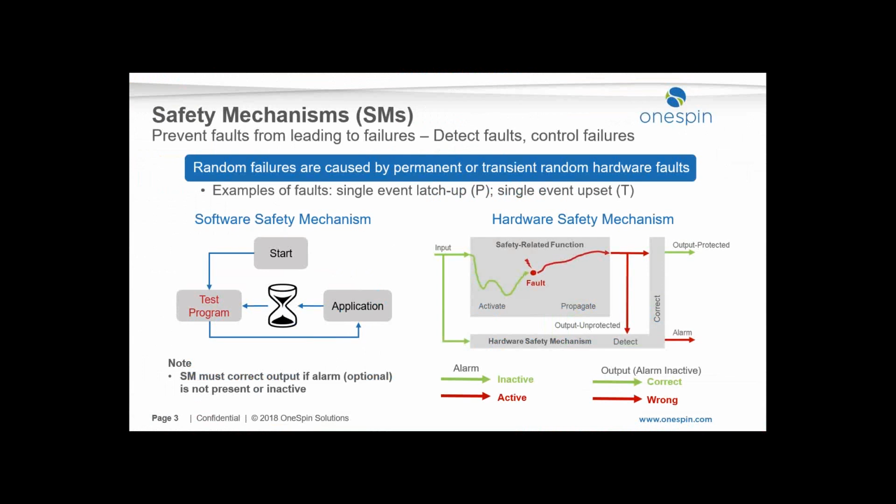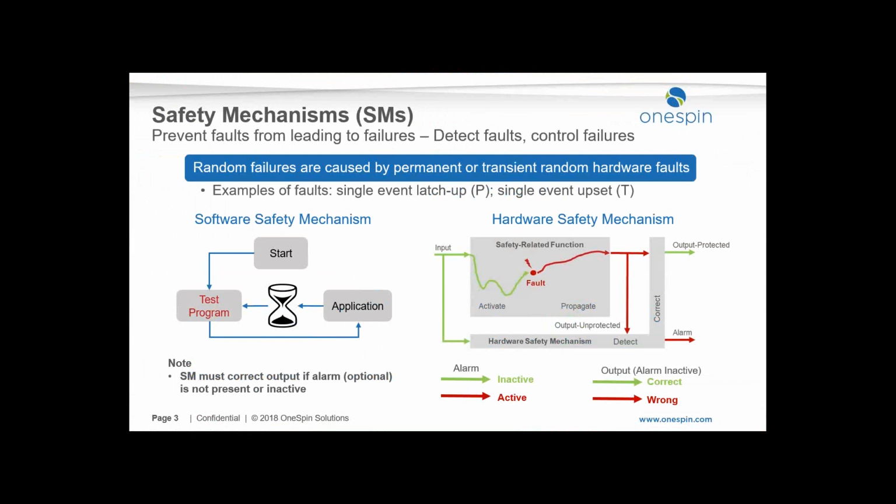So safety mechanisms are used in order to prevent faults from leading to failures, and what they do, they detect and report faults, and they potentially correct their effect, and ultimately they have to prevent or control hardware failures.